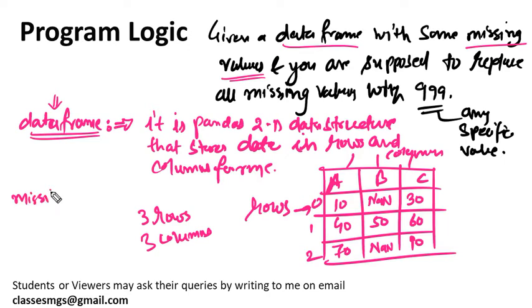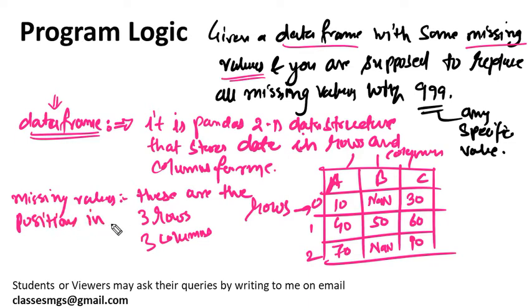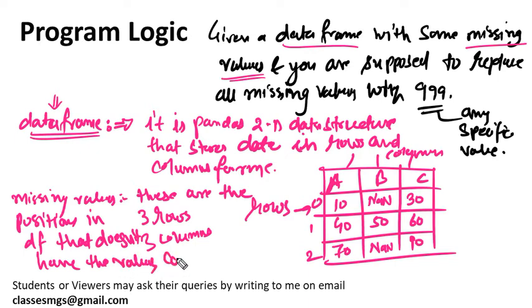Missing values are the positions in a data frame that currently don't have a value, and this is denoted by NaN.